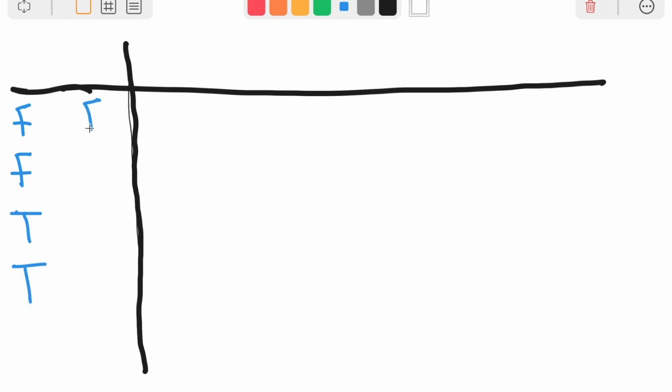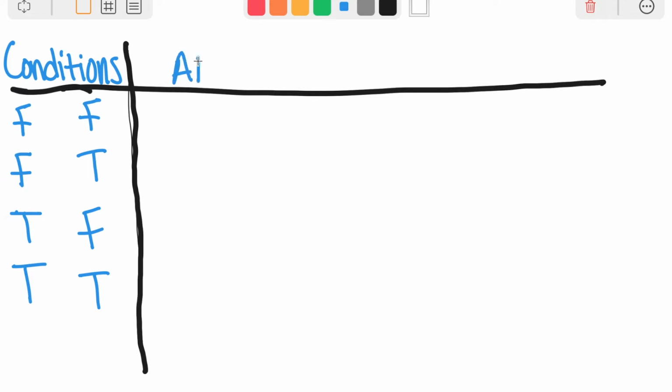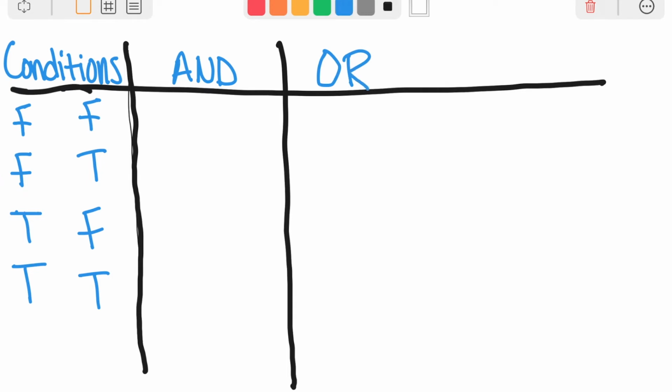And we're going to have false, true, false, true. These represent your conditions and combinations. This is going to be AND. This is going to be OR.